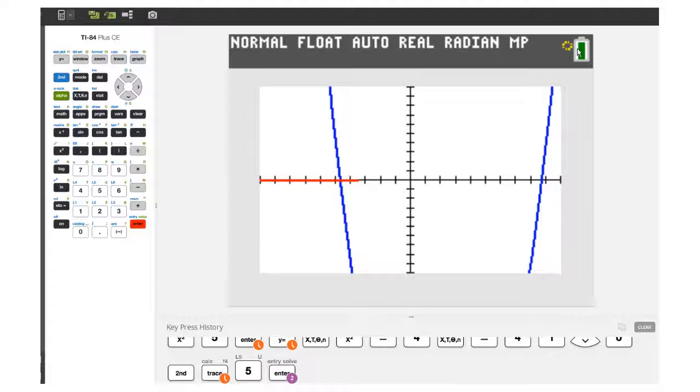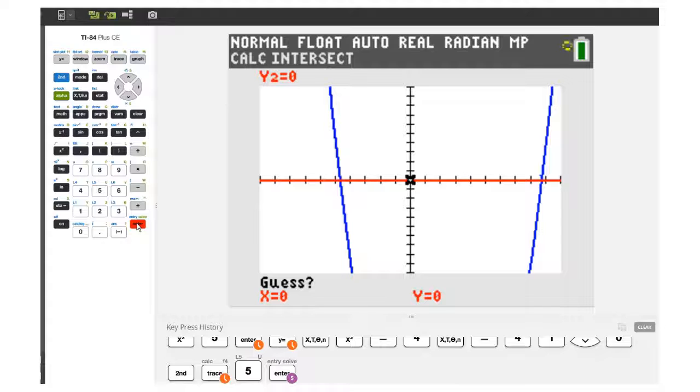And the second curve is for the red curve, which is the x-axis. So all I need to do is to hit enter again. And the calculator is going to ask me to guess. I'm not guessing.